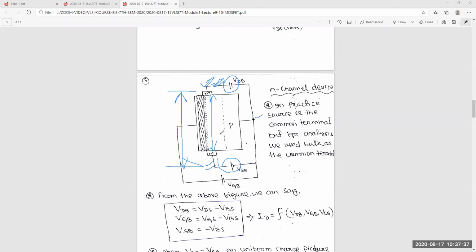Yes, sir. If you take this as reference, suppose it is 0 or it is VSB, then this voltage will increase towards this region. Yes or no? Yes, sir. If this voltage increases, then this depletion region will increase in this area or not?